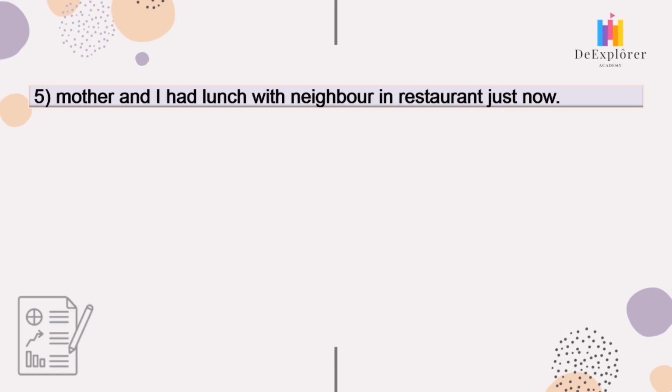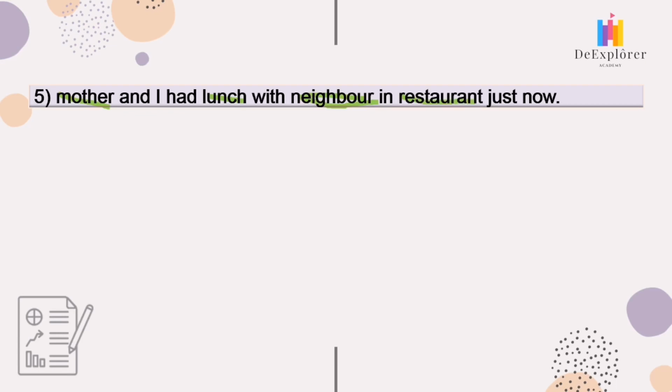Mother. Okay, that would be the first noun. Followed by lunch. There's also a noun. Neighbor. 邻居. Okay, 人来的 is a noun. Restaurant. 餐厅. This is also a noun.